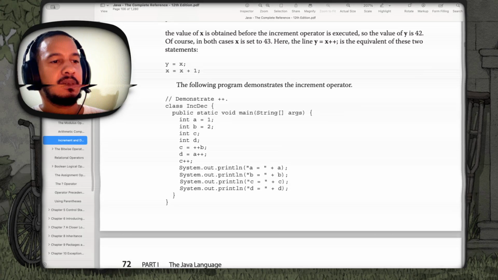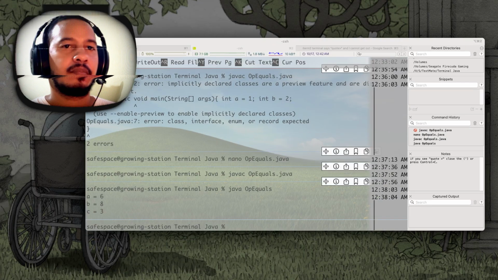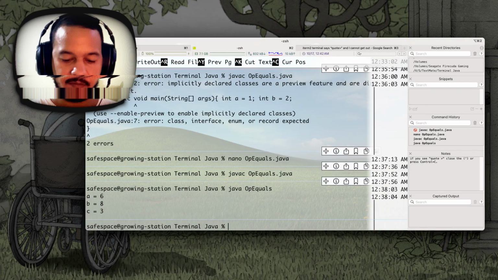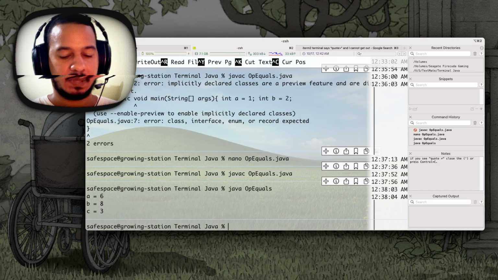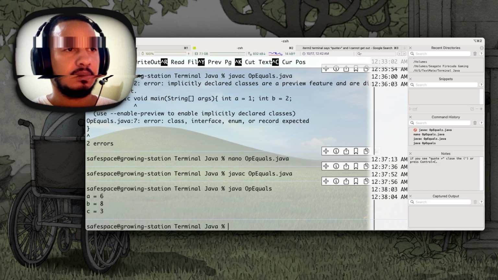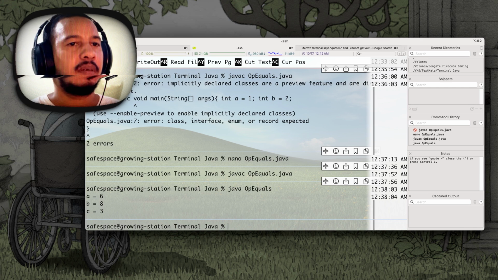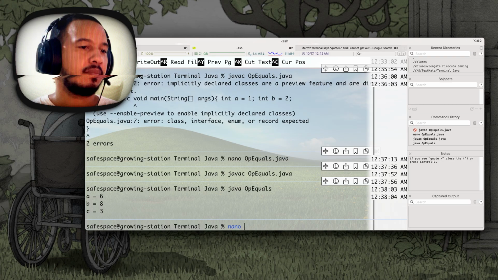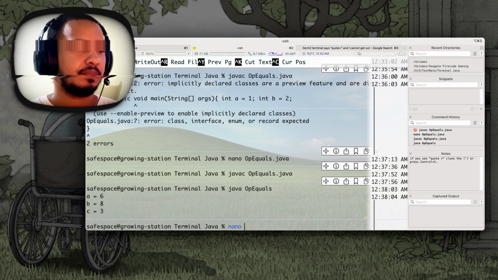Alright, so let's go ahead and just code it. Now for some reason here, I cannot open the composer. It looks like I have to first pull up Nano, and then do the composer.